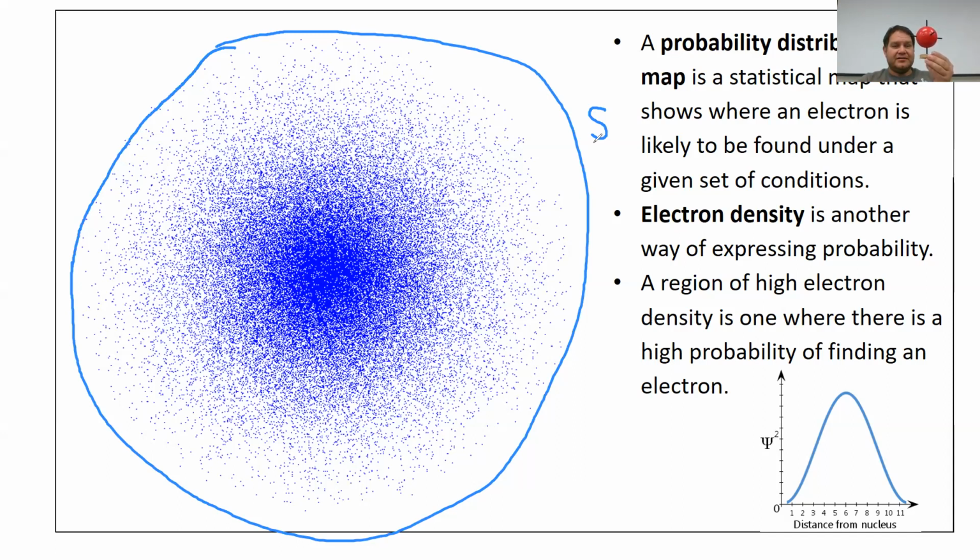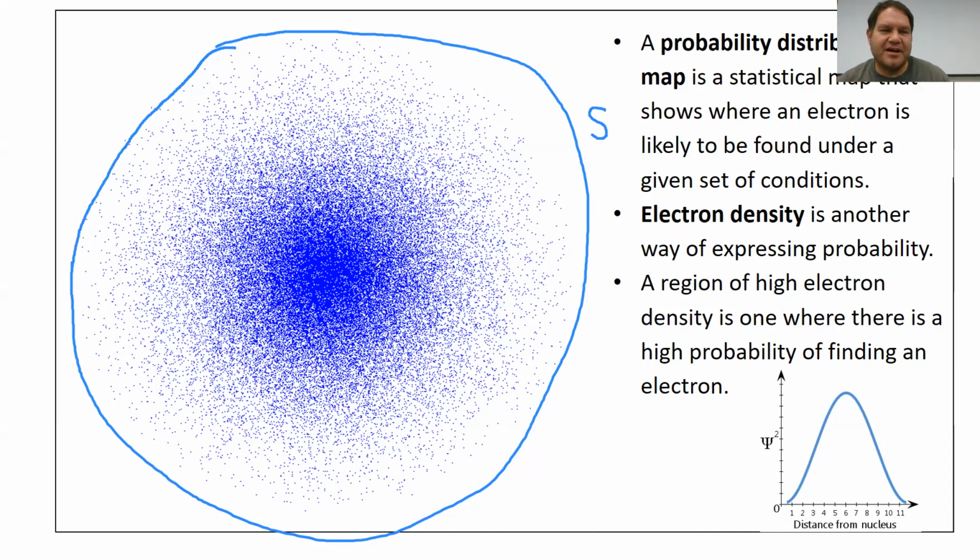On the outside of the surface is where you would find the lowest electron density. But as you go inside of this s orbital, that's where you would find the highest electron density, the center point that you see. So the nucleus is actually going to be inside of this s orbital, and the s orbital surrounds that nucleus. Hopefully you get the idea. If anything, remember that this is an s orbital. That will be important.